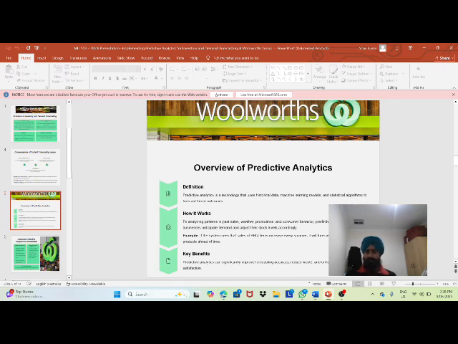So there are some key benefits. Predictive analytics can significantly improve forecasting accuracy, and definitely it will help them to reduce waste. If they use predictive analytics, it could give them the proper demand coming in the upcoming particular time, so they can easily manage the stock for the particular period of time.